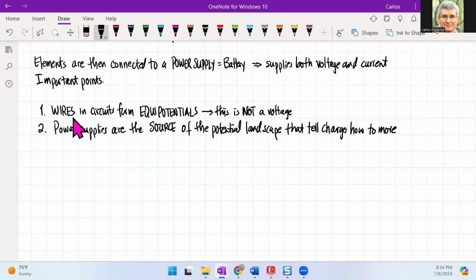And when we're talking about this, we really mean how current is moving in a circuit.